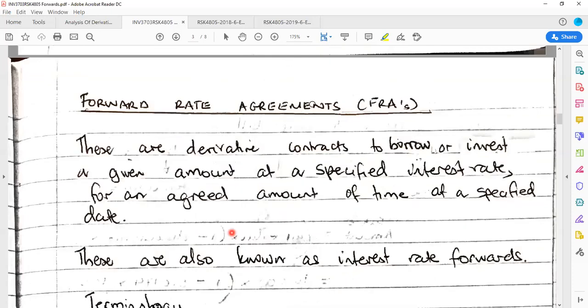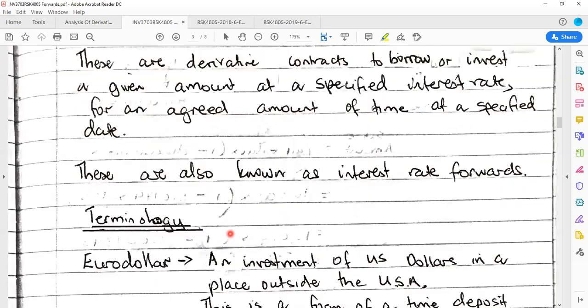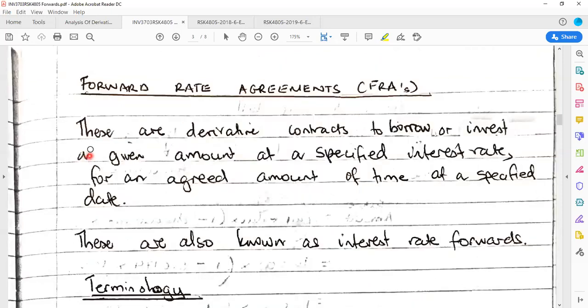Right. So we have what are known as forward rate agreements, FRAs, and we define these as follows. These are derivative contracts to borrow or invest a given amount at a specified interest rate for an agreed amount of time at a specified date. They are also known as interest rate forwards.